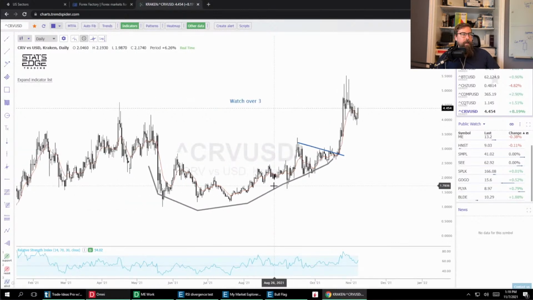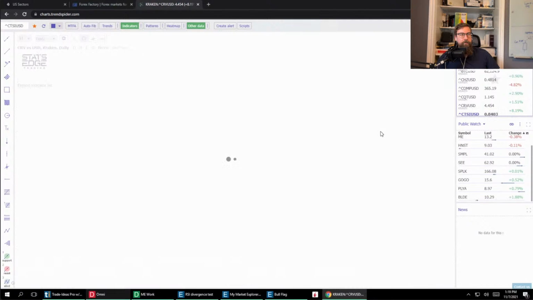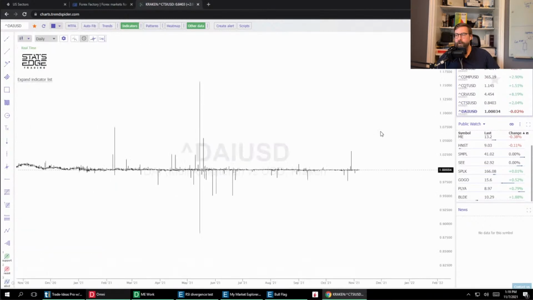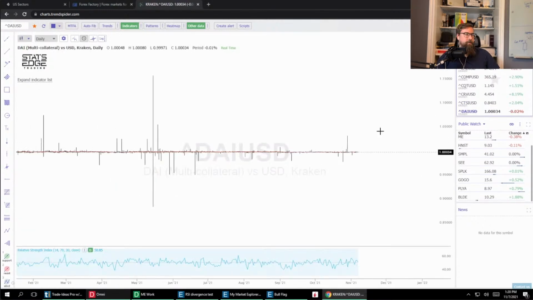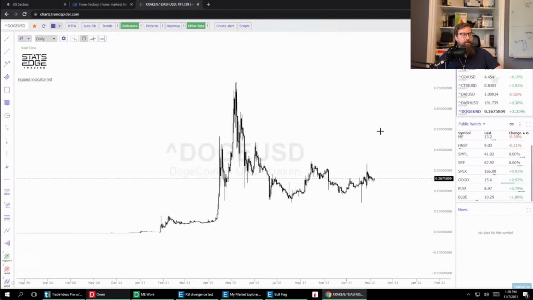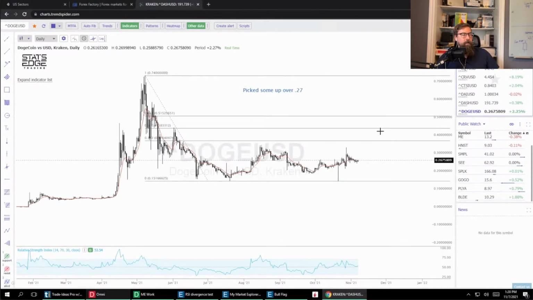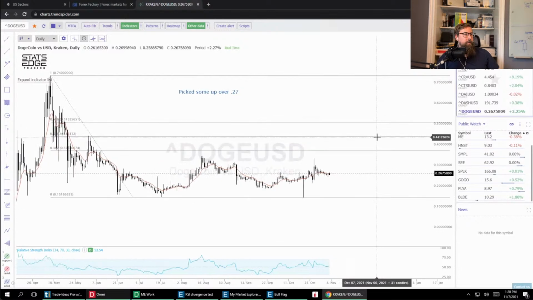Now I see these as completely independent. Again, I got this measured move from 3 and I took most out at 4, and I don't know what it is. I don't know what they do. It's just another instrument for me to trade that is different than the other ones.